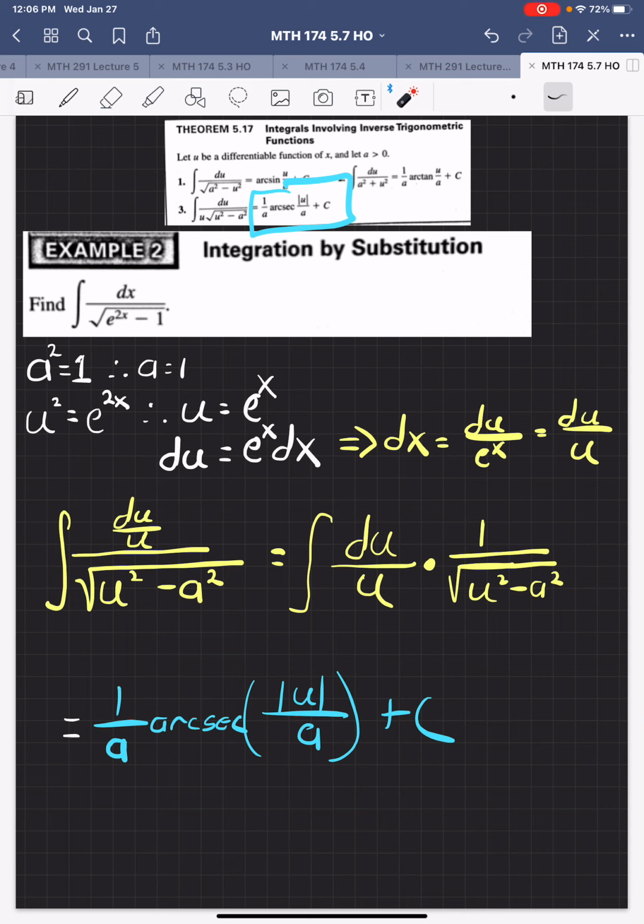Let's make sure that we plug in 1 for a and e to the x for u, and then we're done. This is me plugging in for a: 1 over 1 arc secant of the absolute value of u, which is e to the x, divided by a, and a is again just 1, plus c.